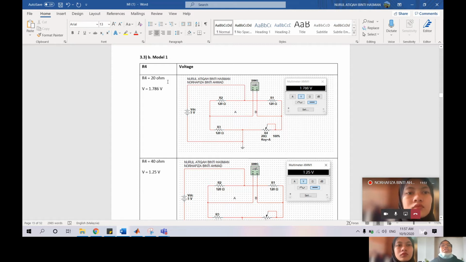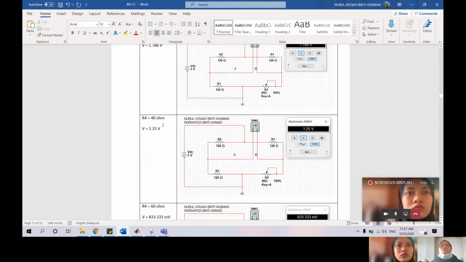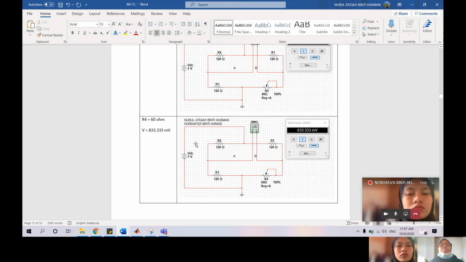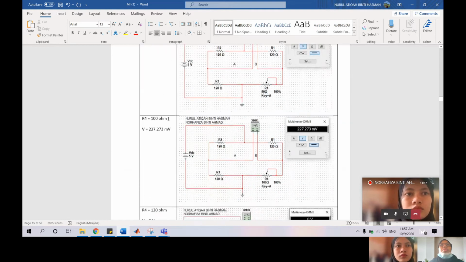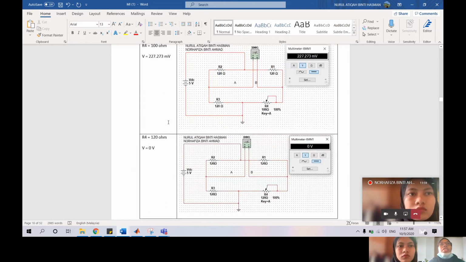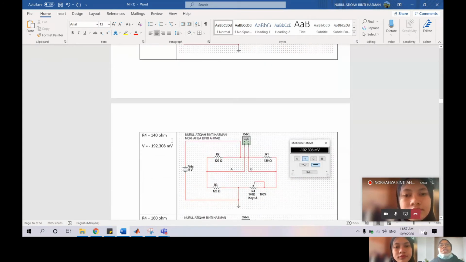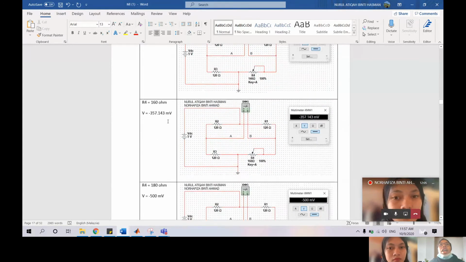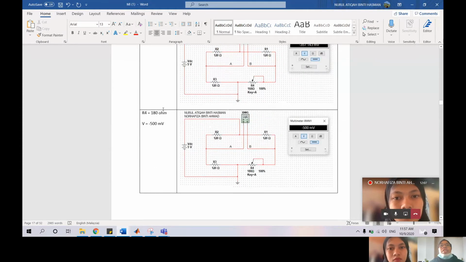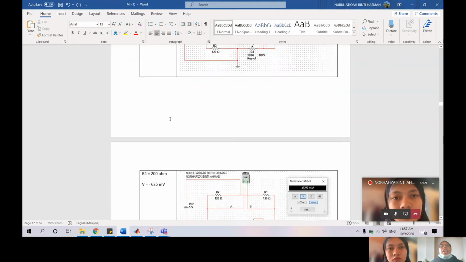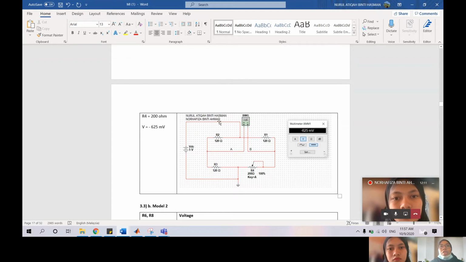This is model 1 for 20 ohm, 40 ohm, 60 ohm, 80 ohm, 100 ohm, 120 ohm, 140 ohm, 160 ohm, 180 ohm, and 200 ohm.